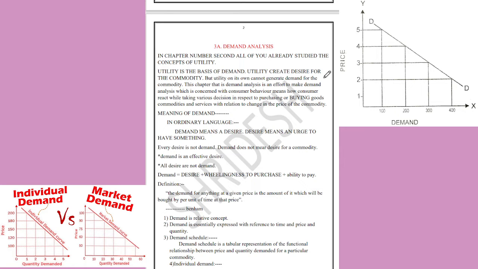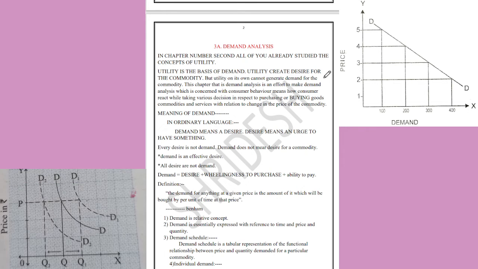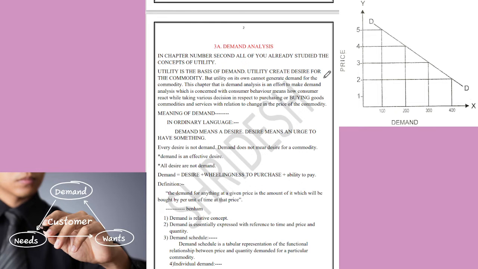This statement is very important, that all desires are not demand, because this statement is asked many times in the question: state whether the statement is agree or disagree. So all desires are not demand.